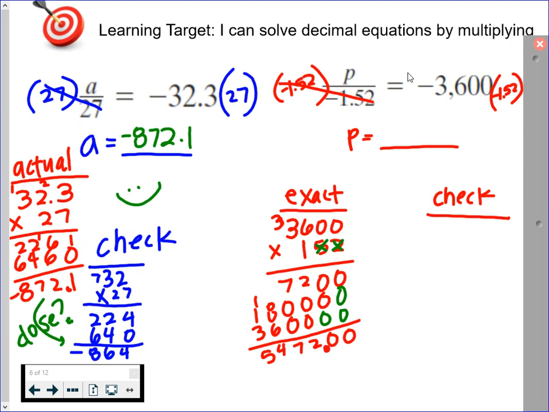Okay, so my actual or exact answer, I put those 2 decimal places in. Since they're zeros, I can choose whether I would like to write them or not. Negative times a negative is a positive. Always good to check my work.